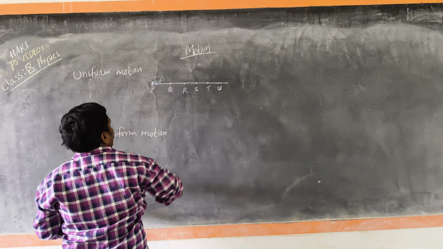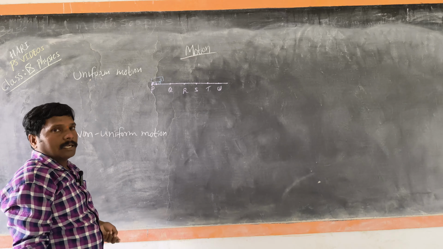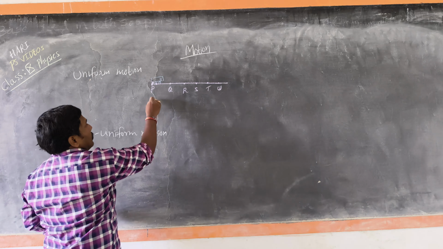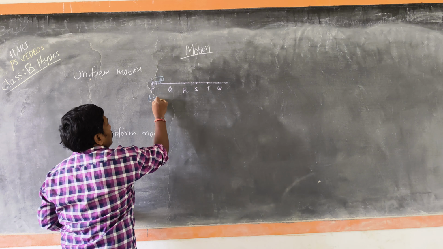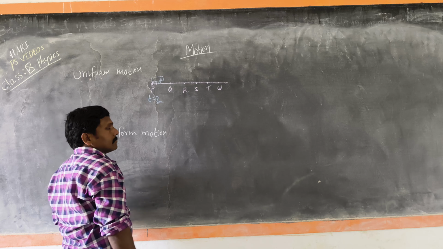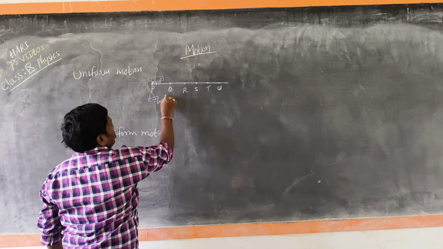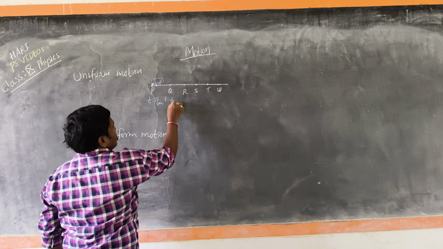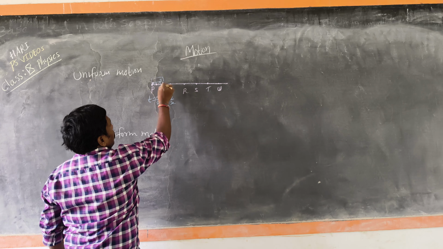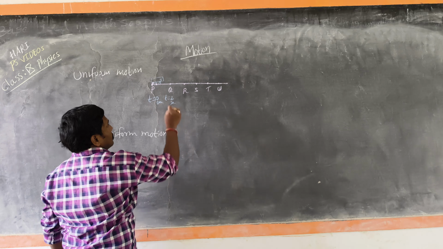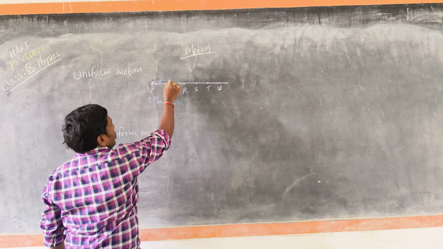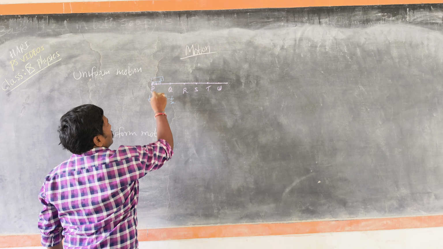Say for example, a bus. A bus is at P. Here the time t is equal to 0 seconds. After time 2 seconds, the bus is at Q.